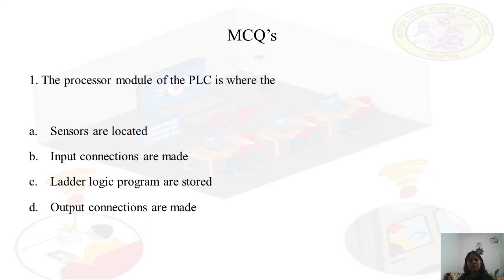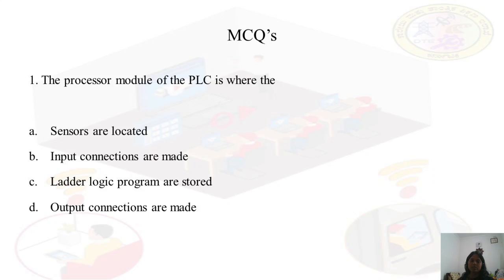Then we have seen some of the leading brands of the PLCs like Allen Bradley, Omron, Mitsubishi, Siemens, so many companies. Then we have seen the applications where we are using them. In almost all industries we are using the PLCs: power industries, manufacturing, food processing, chemical, automobile, etc. Then we have seen the major components of the PLCs.